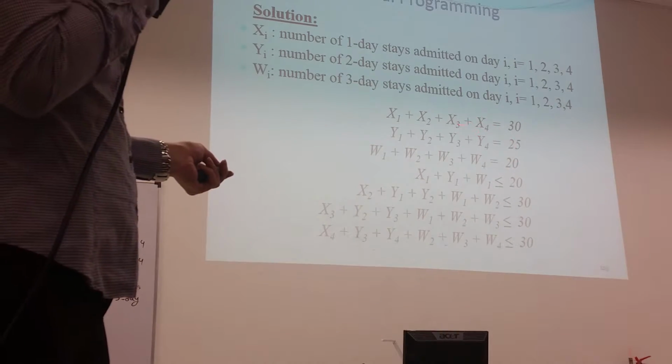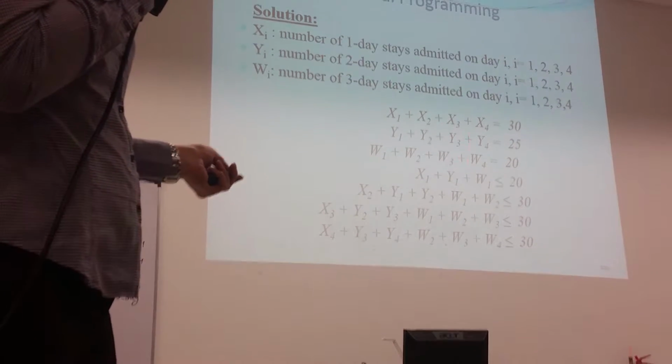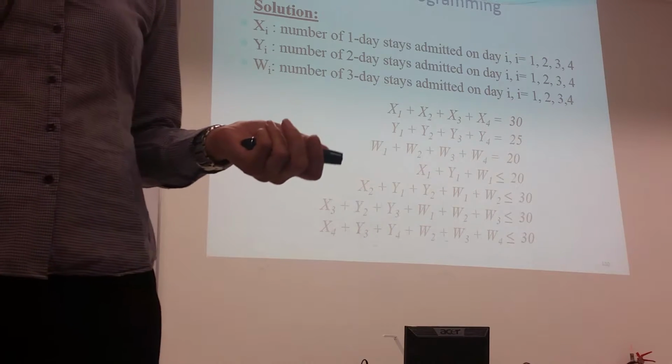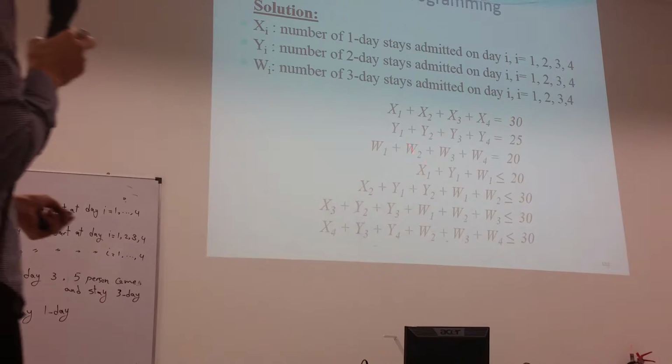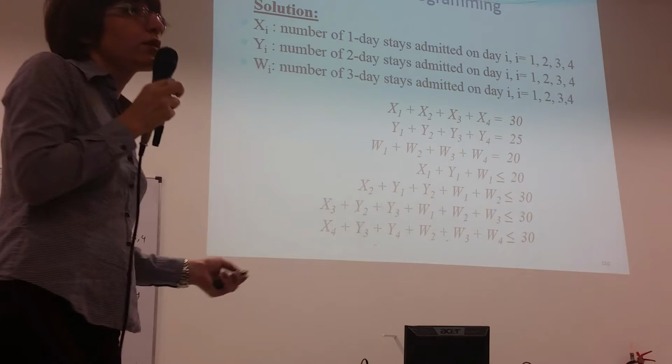That means the first 3 are constraints. They are not goals for the hospital. The rest, 4, 5, 6, and 7, are goals for the hospital for this problem. So we have 3 constraints and 4 goals.